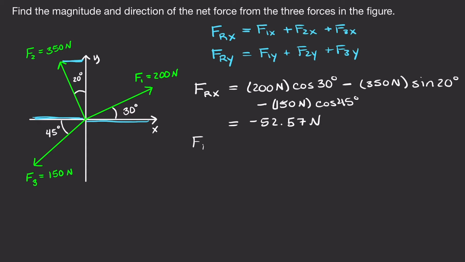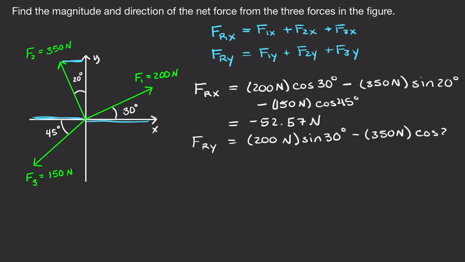We can do the same thing for the y components of each force. And the great thing about this is once you know which trig function goes with the x components, we can just use the opposite trig function. So sine instead of cosine and cosine instead of sine with our corresponding magnitudes and angles.